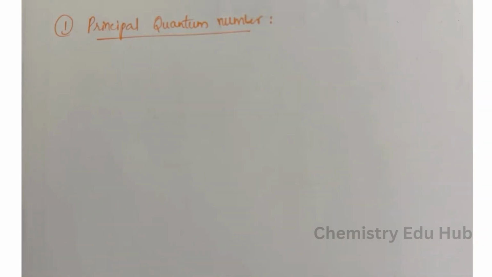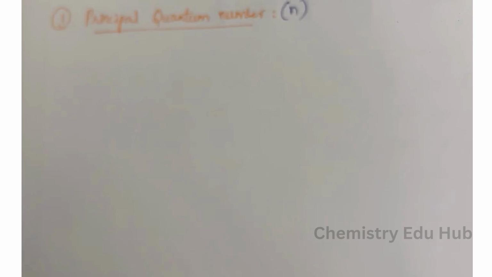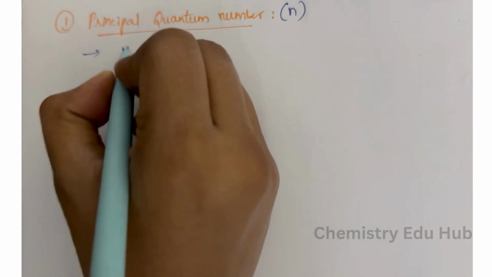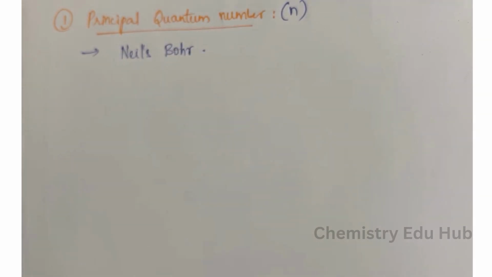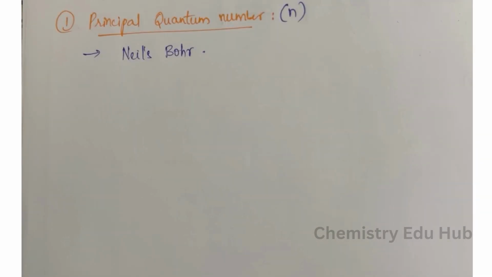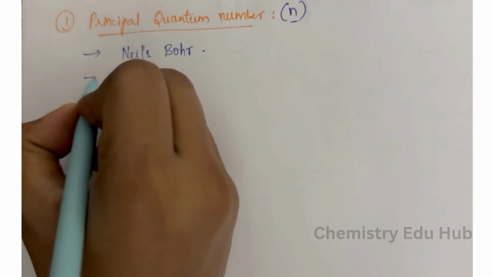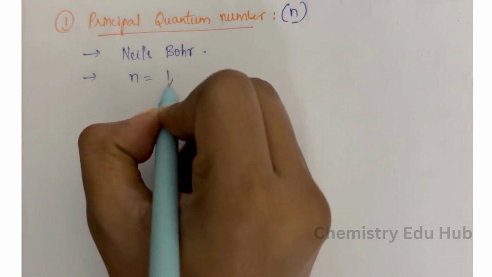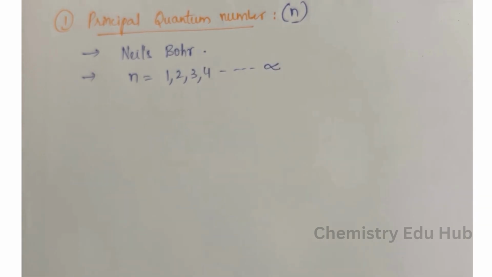The first and foremost important one is the principal quantum number denoted by the symbol small n. This was proposed by the scientist Niels Bohr. So Niels Bohr proposed the principal quantum number for the electrons in any atom. n can take the values 1, 2, 3, 4, and so on up to infinity.